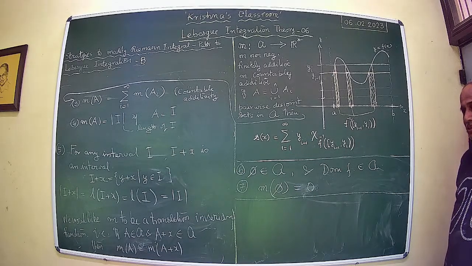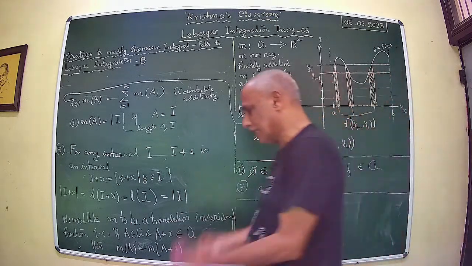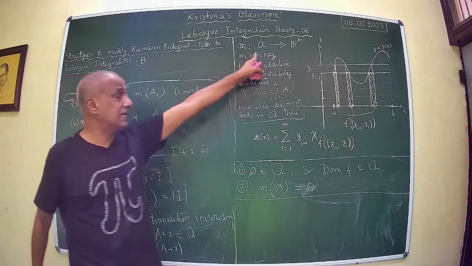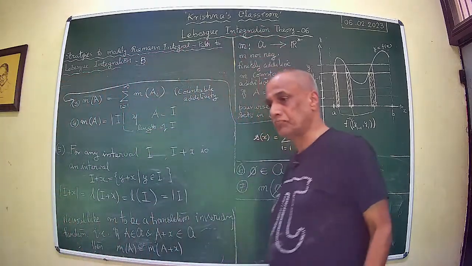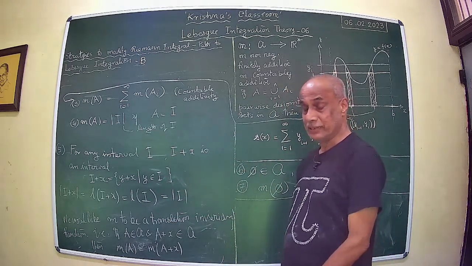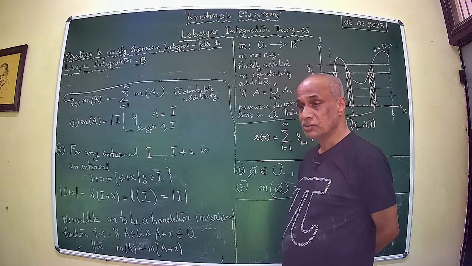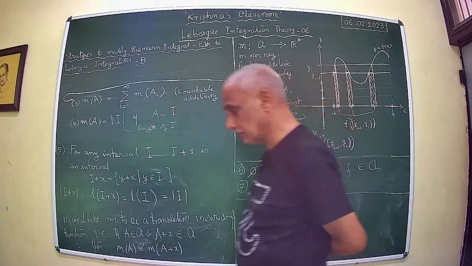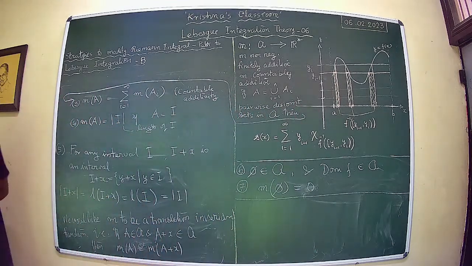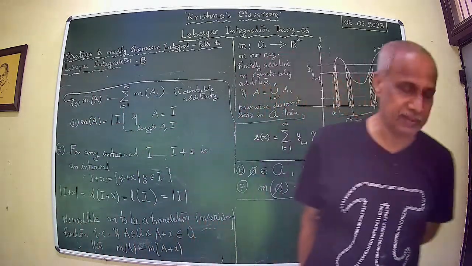Okay, so that's what we are looking for, and that obviously demands a certain structure on this collection of sets. If it is the whole, all the subsets of I, then you are happy. But let us not commit at this stage. If it turns out to be all the subsets of the domain of the function f, then we are extremely happy.